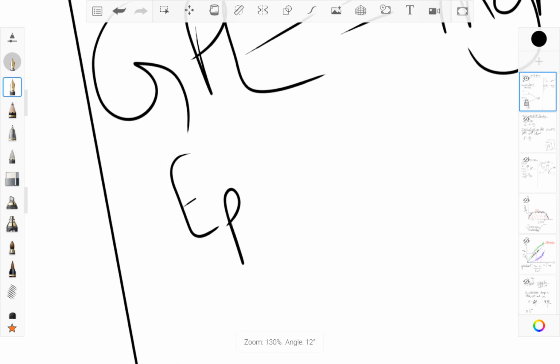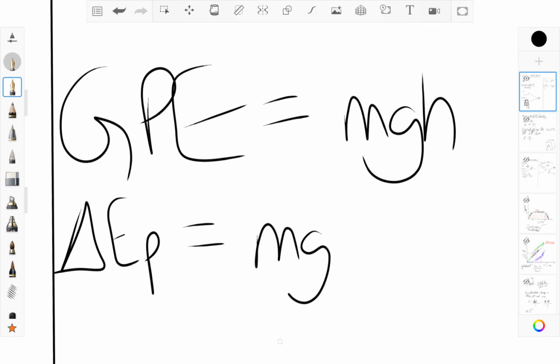A change in EP is basically mg times a change in height, because the mass of an object is constant, and acceleration of free fall is constant on Earth. So the only thing that can change for a GPE to change is the actual height or position of a body. That's what changing GPE means.